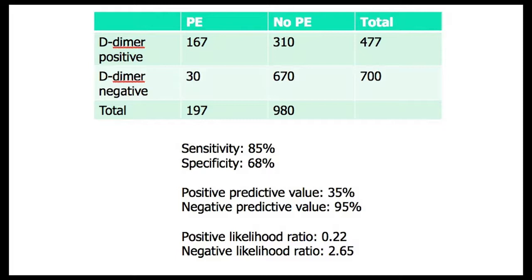Whereas in contrast, the positive predictive value isn't so good. So the number of patients who have a positive D-dimer, the proportion of those who actually have a PE, isn't that high. So again, we can say that D-dimer is probably a better investigation at telling us that patients do not have a PE.